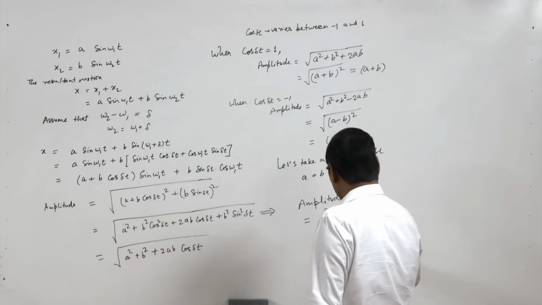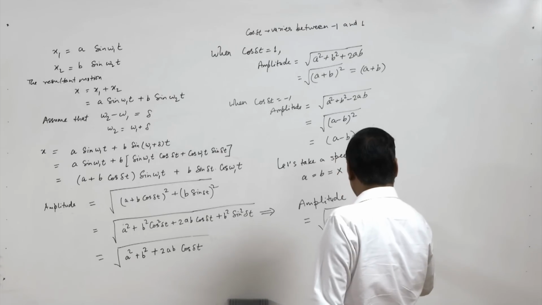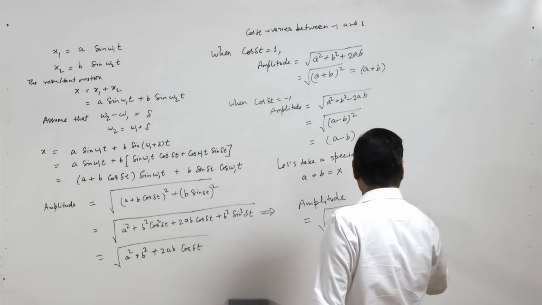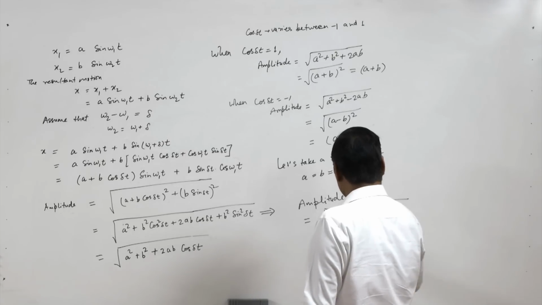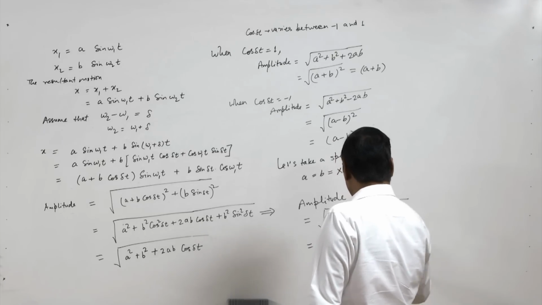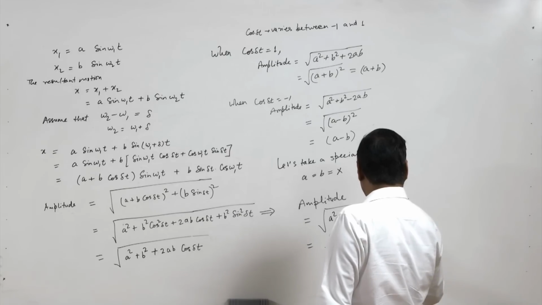so here it is a square plus b square plus 2ab cos delta t. Now we put a equal to b equal to x, so it will be x square plus x square plus 2x square cos delta t.